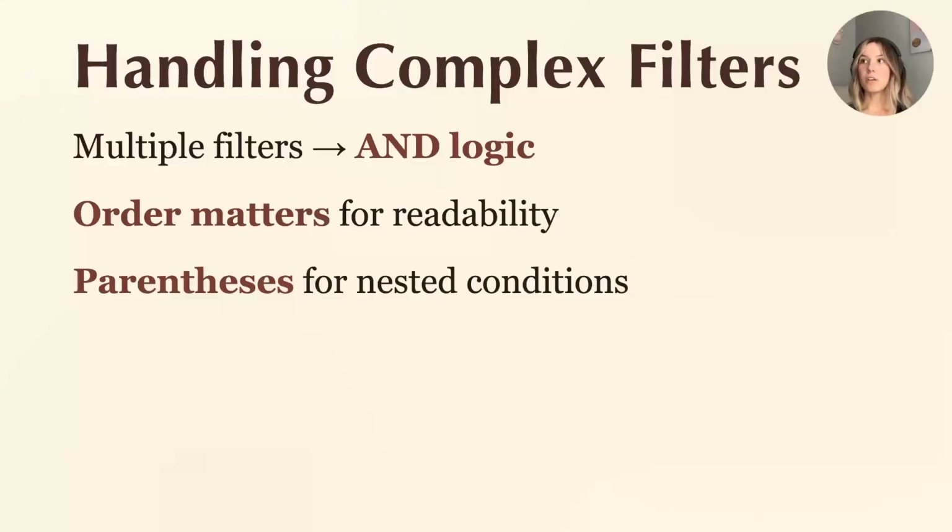Now we can think about how it might be hard once we get into more complex filters. There are a few things that really helped out with this. Some of them are on the side of the GUI interface. All of the filters in Positron are AND filters, which means that the order doesn't matter.